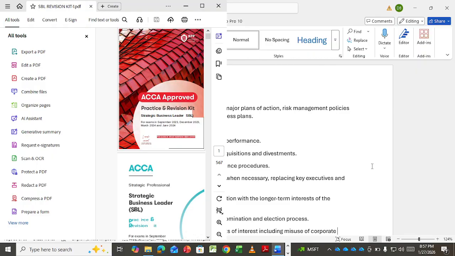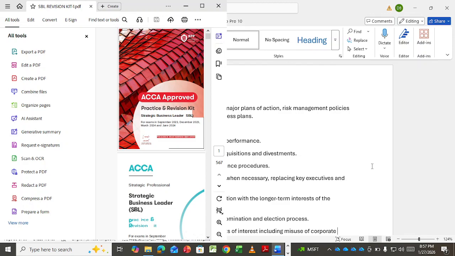What are the future plans? What budgets are being set and put in place? This will be the role of the executive directors, especially the CFOs, the CEOs, and the top management employees. They're supposed to give objectives and also set KPIs.